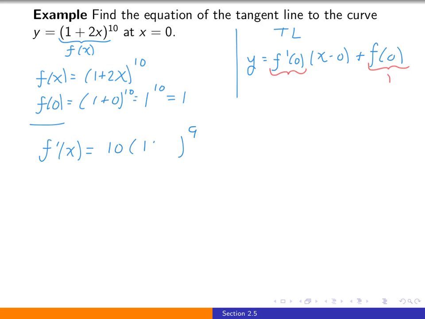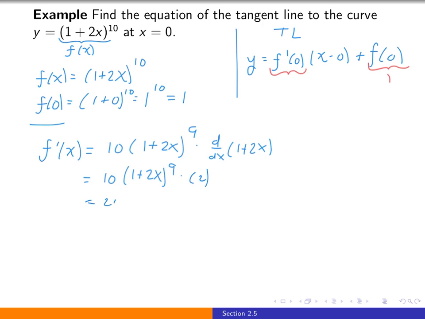We evaluate at the inside function, and then we multiply by the derivative of that inside function. So 10 times 1 plus 2x to the 9th, and the derivative of 1 plus 2x is going to be 0 plus 2.